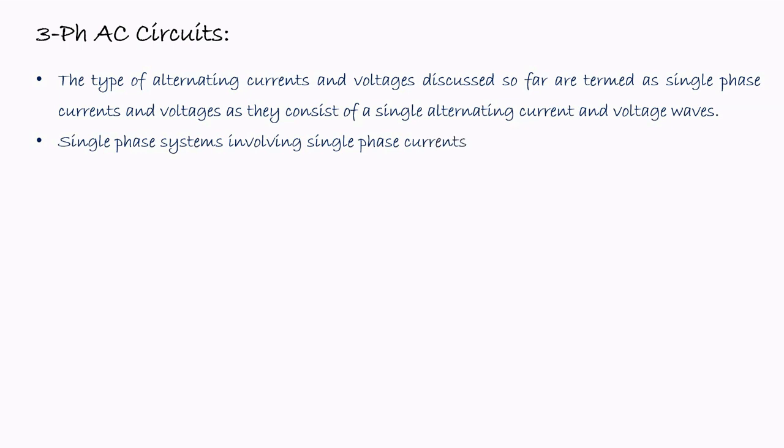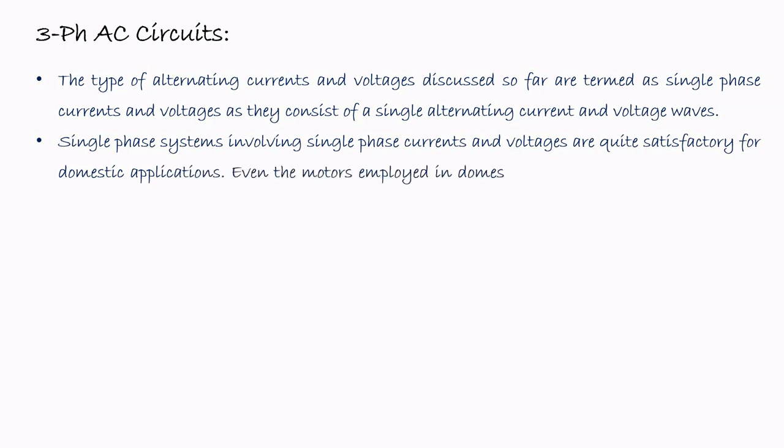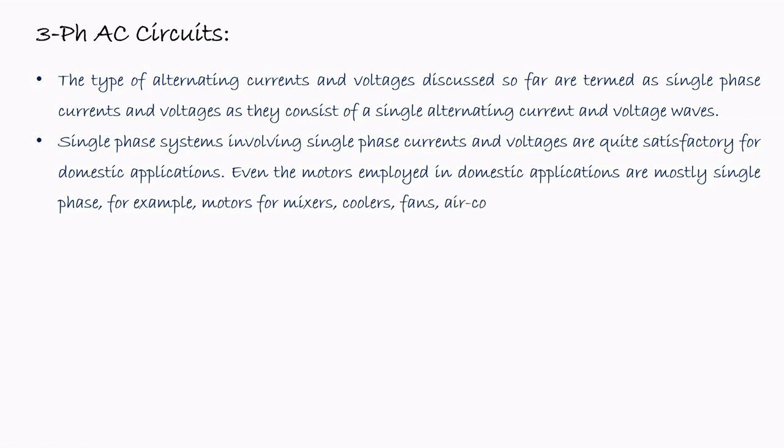Single-phase systems are quite satisfactory for domestic applications. Even the motors employed in domestic applications are mostly single phase. For example, the motors used in mixers, coolers, fans, air conditioners, and refrigerators are single-phase induction motors.